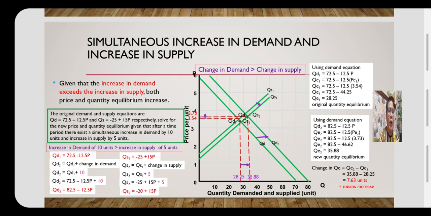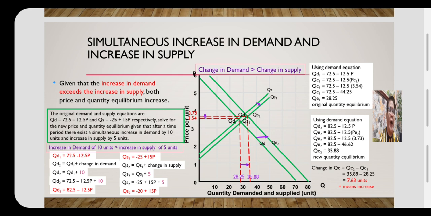Now what about the new quantity equilibrium? We can solve for the new quantity equilibrium by using the new demand equation and the new price equilibrium values. Since the new demand equation is given by 82.5 minus 12.5p, and the new price equilibrium is 3.73, by substituting the new price equilibrium to P of the new demand equation, we can now have 82.5 minus 12.5 times 3.73.